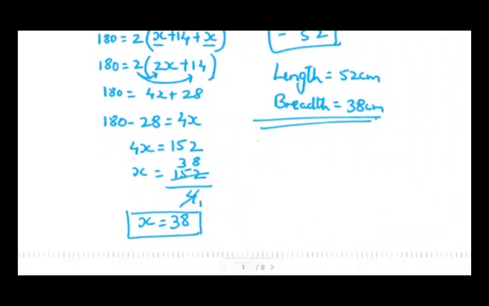Alright, so what's the formula for area of a rectangle? Area is equal to length into breadth, which is equal to 52 into 38. 52 into 38, which is equal to, doing it on the calculator children, 52 into 38 is 1976 centimeters square.